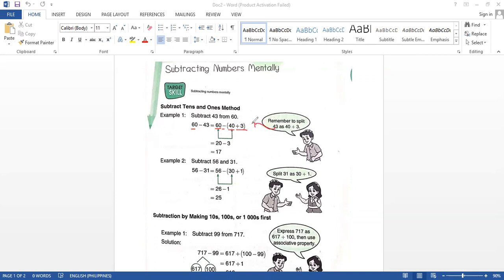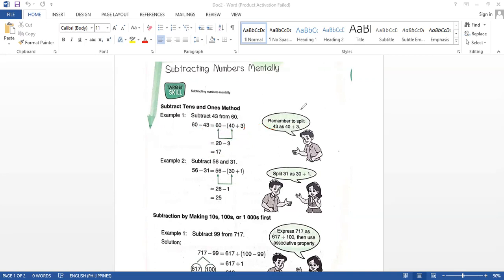In order for us to subtract numbers easily and faster, we first subtract 60 minus 40. The answer is 20. And then we're going to subtract 3 here. So 20 minus 3 is 17. So 60 minus 43, the answer is 17.